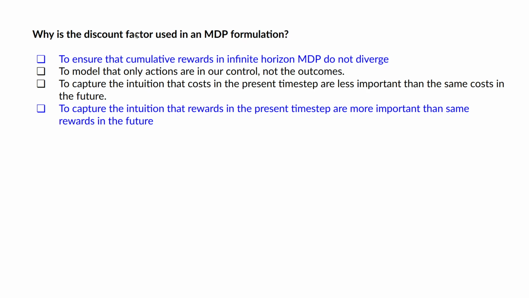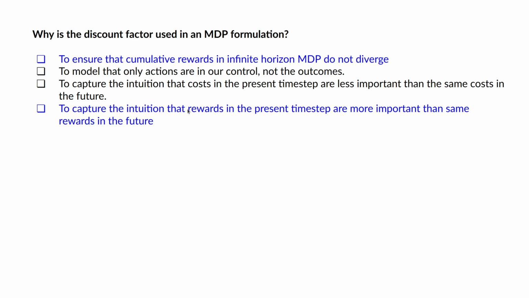So it's like a geometric series, you must have remembered. If gamma is between 0 and 1, it would converge. This is why we have used gamma here, and it is always between 0 and 1. If it is 1, then again it will not converge, because it will be R0 plus R1 plus R2 plus R3, like that. To model that only actions that are in our control, not the outcomes.